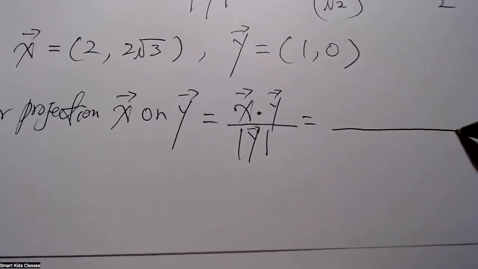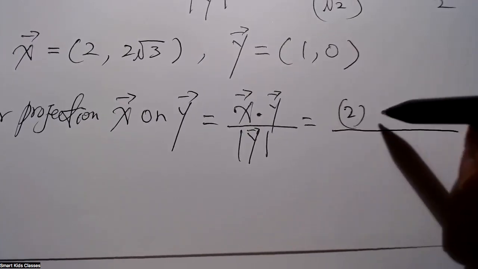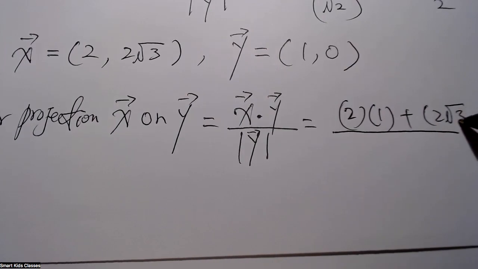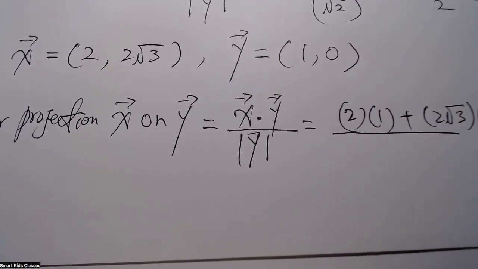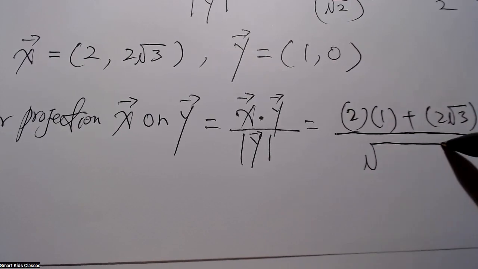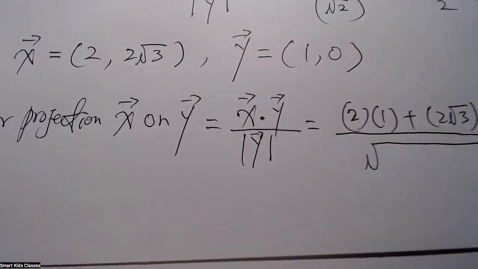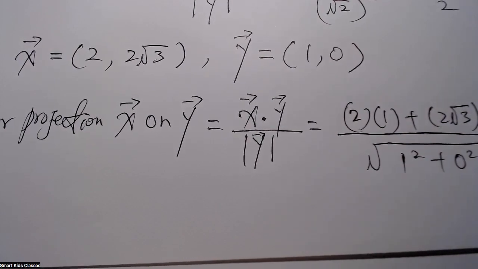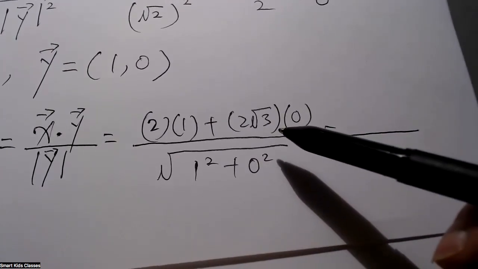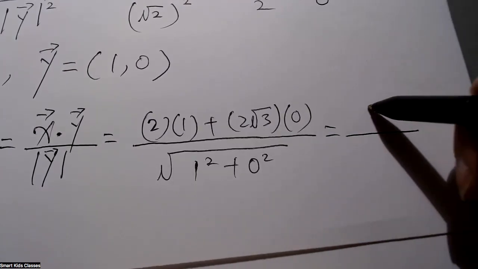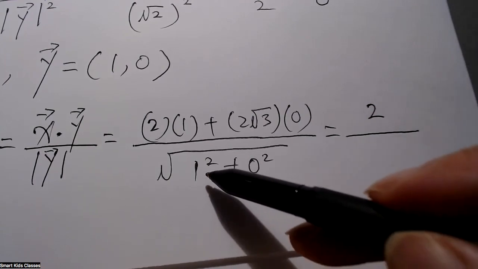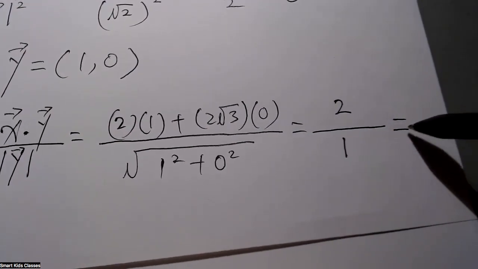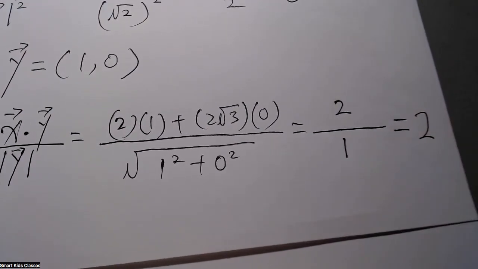We apply it: 2 times 1 plus root 3 times 0 is the numerator. The magnitude of y is the square root of 1 squared plus 0 squared, which is 1. So 2 times 1 gives 2, and the scalar projection is 2.